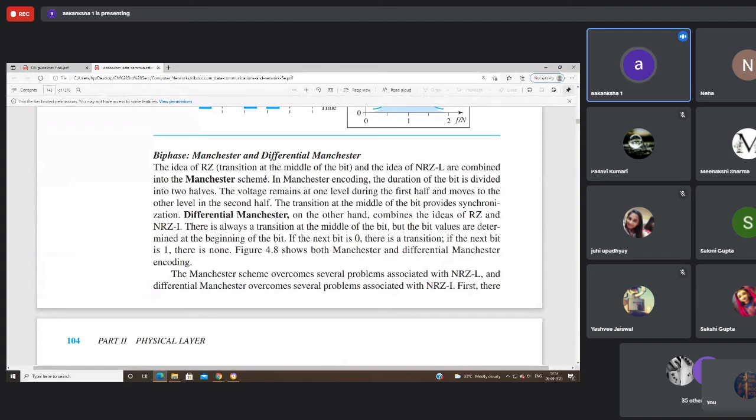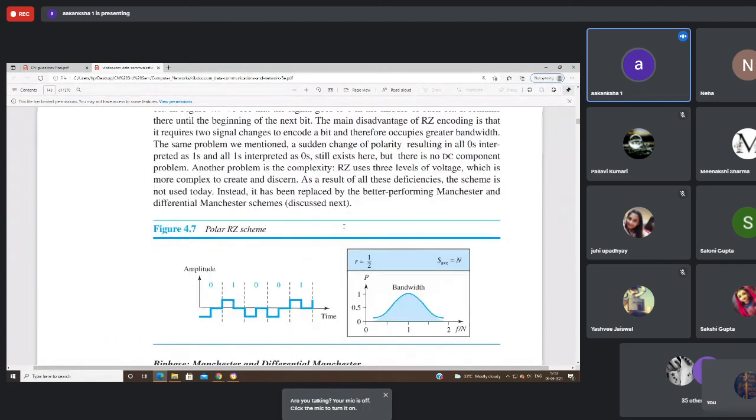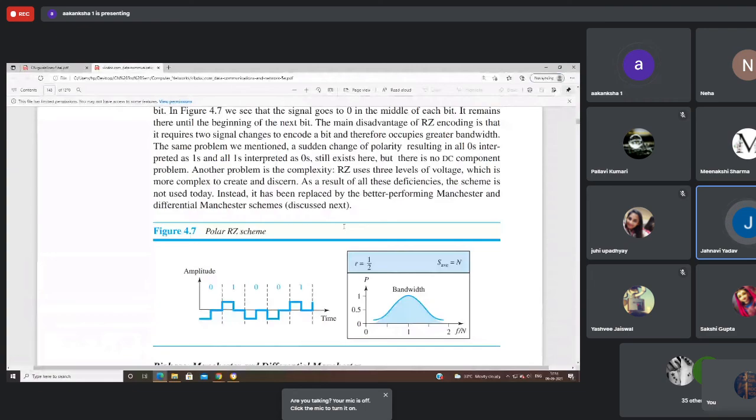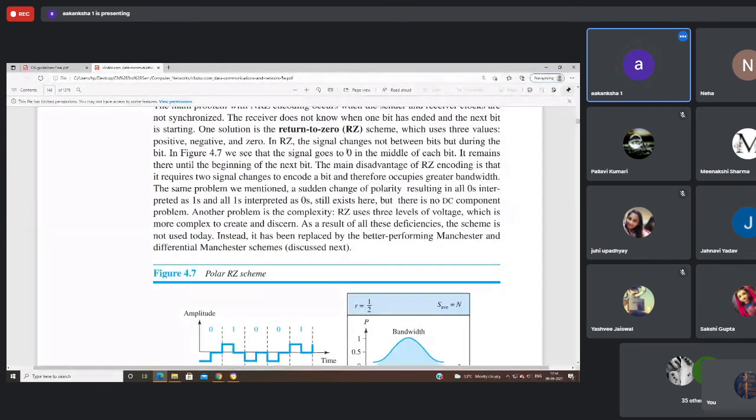But there was a problem with RZ: the sudden polarity change was a problem, and one more problem was there. It uses 3 voltage levels.